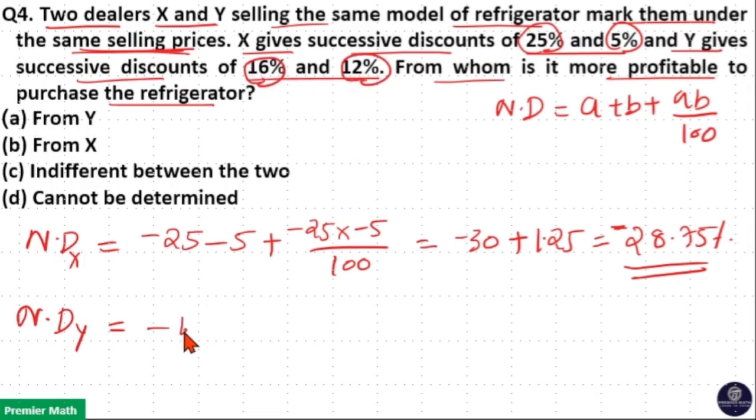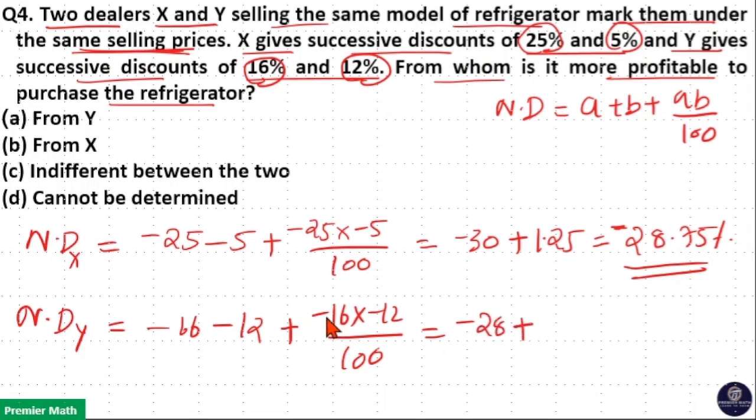So net discount for Y is equal to, successive discounts are 16 and 12. So minus 16 minus 12 plus minus 16 into minus 12 divided by 100, which is equal to minus 16 minus 12 is equal to minus 28. Minus 16 into minus 12 is equal to plus 192. Plus 192 by 100 is equal to plus 1.92.